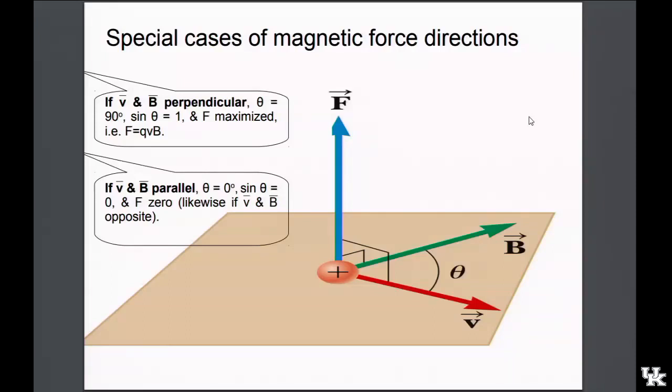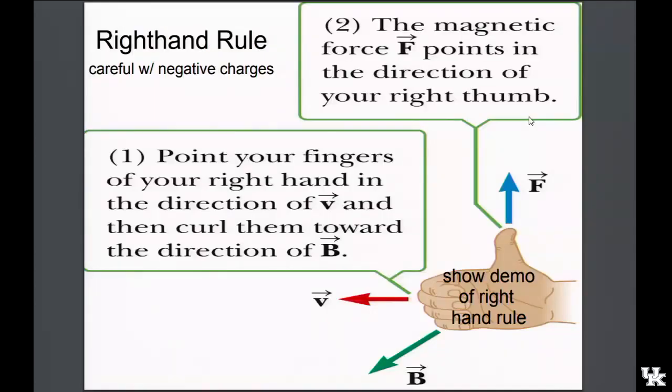So it's a really weird circumstance where you can change the direction of the particle in the magnetic field, you change the strength of the magnetic force on the particle, and you can even make it go away if you have the particle going parallel to the field lines or opposite the field lines.